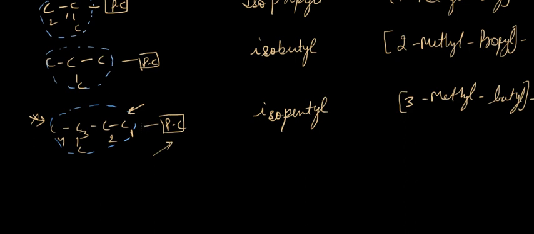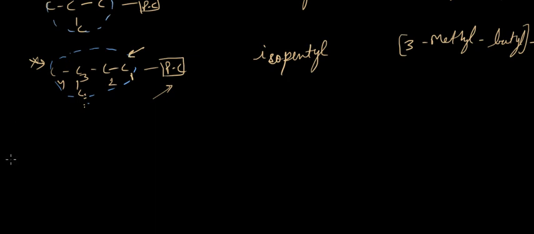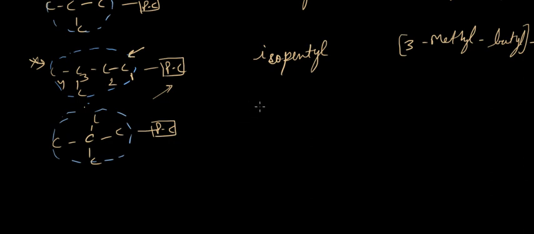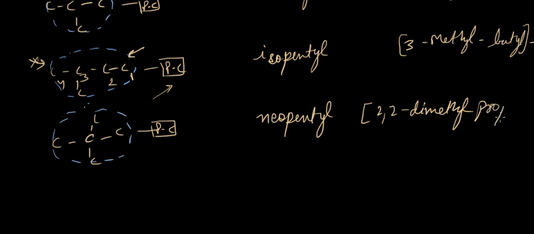Okay, so now we have a case something like this one. If we have something like this, this carbon atom is connected to the principal chain, so this group's name would be neopentyl, and its IUPAC name would be 2,2-dimethylpropyl, and this would be the prefix, right?